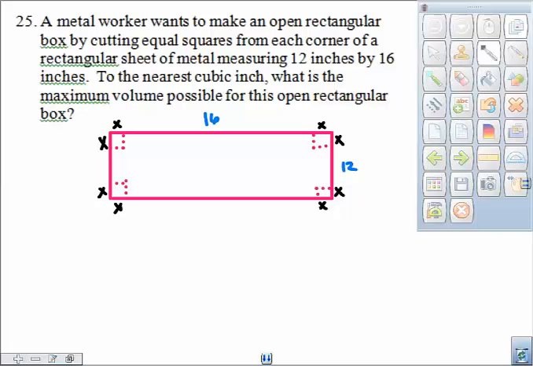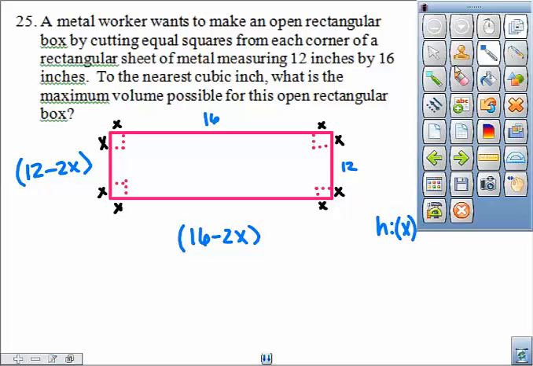So your new length and width are 16 minus 2x and 12 minus 2x, because we're cutting 2x off of each side. Once you fold that up, the height of your box will be x, because that's the length that we cut.